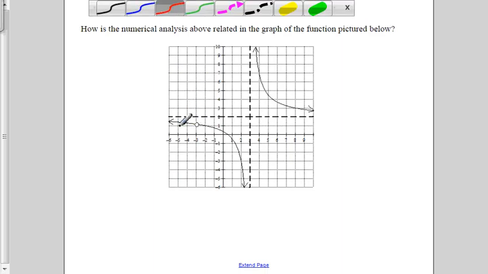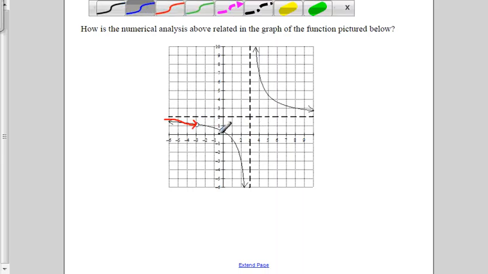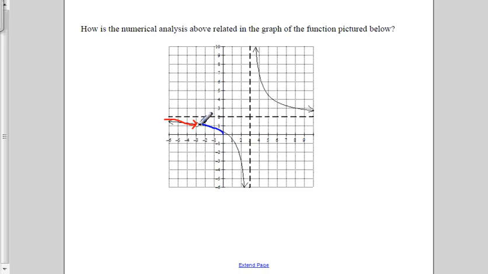When I approach negative 3 from the left, I'm getting closer and closer to that value. When I come from the right, I'm also getting closer and closer to that value. What is that value? That's the hole, and we were given at the very start that the hole was at negative 3, 7 over 6. Okay?